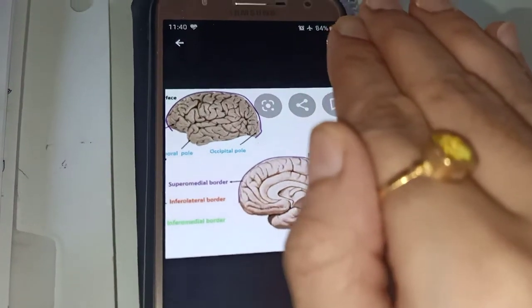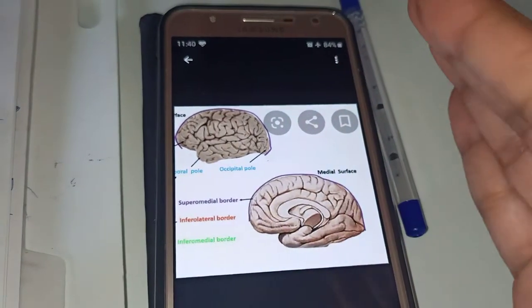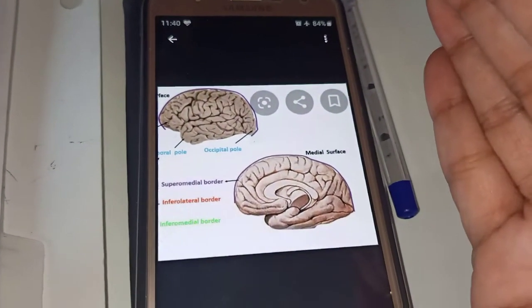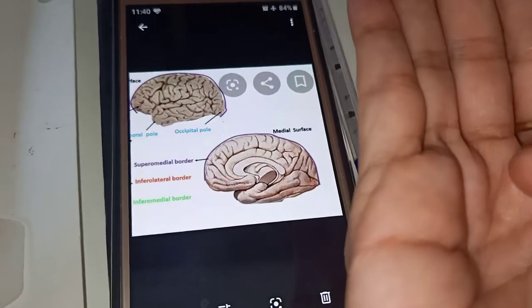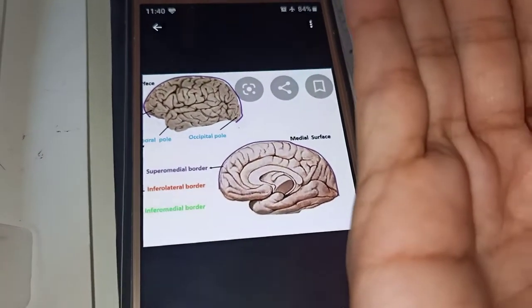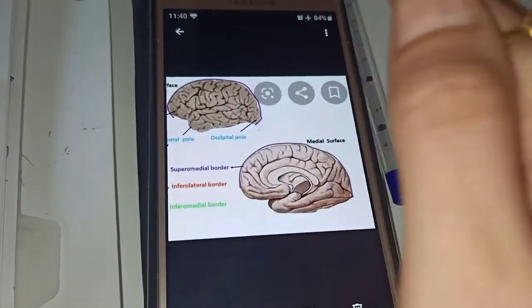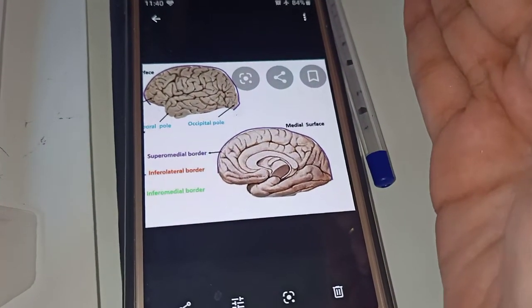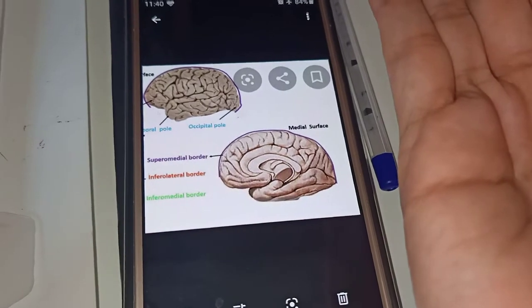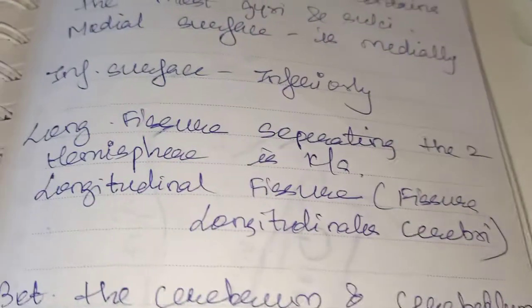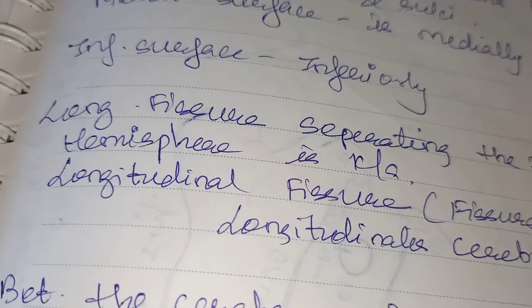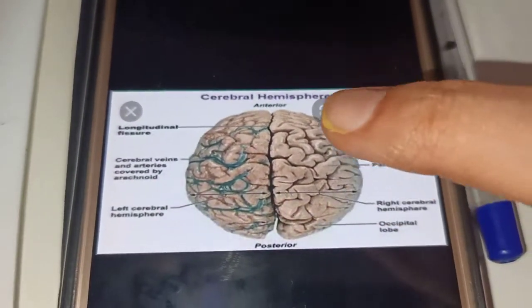So above is the superolateral surface. If I turn, this is the medial surface, and if I look down, this is the inferior surface of the cerebral hemisphere. As you all know, the cerebrum is divided into two halves, and this is the right half.